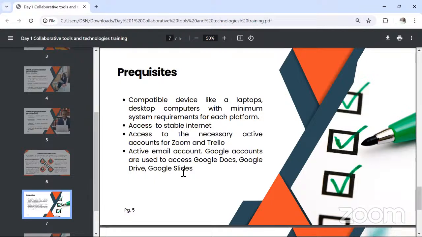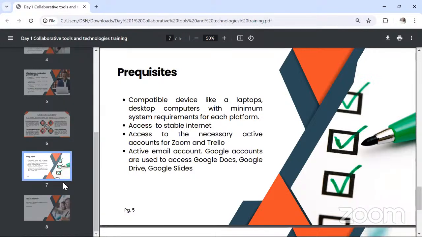You have PCs, stable internet, you need to have active accounts for Zoom and Trello. But if you experience any challenges, kindly let me know. Active email accounts, which we all do have. And did anyone else experience any challenges apart from Faith?